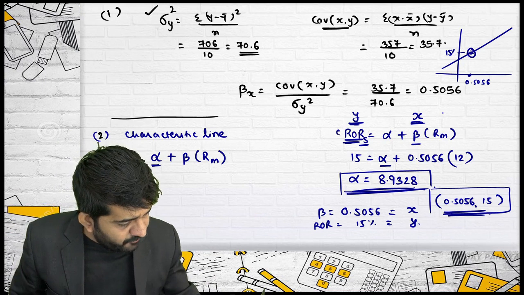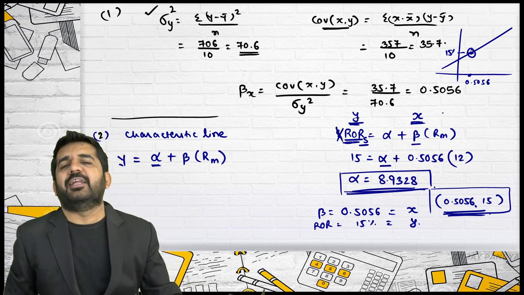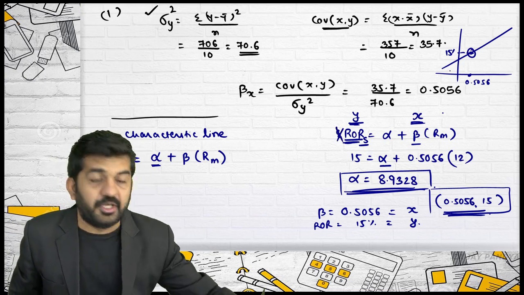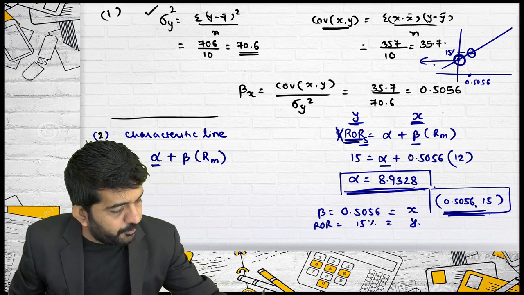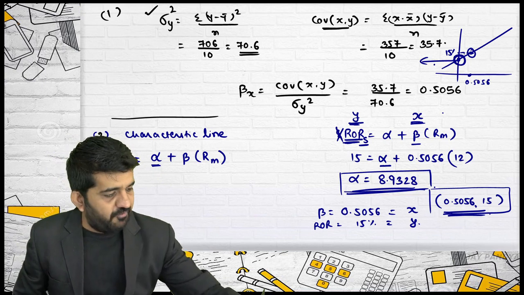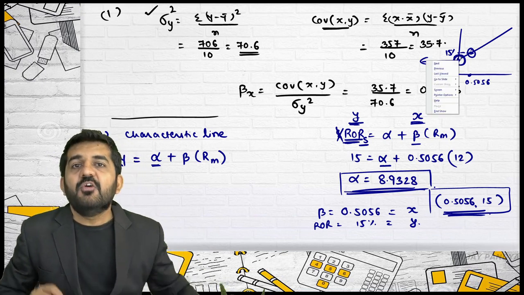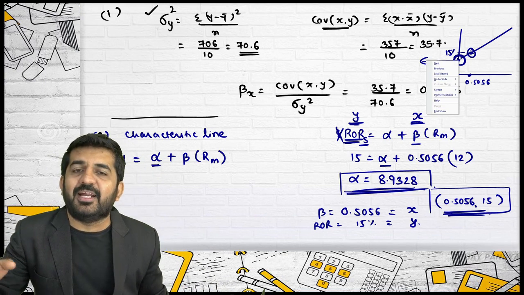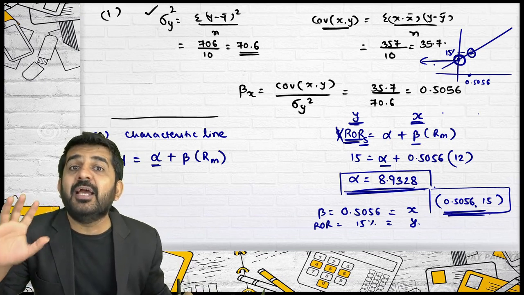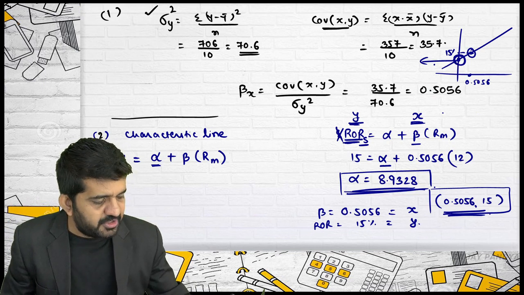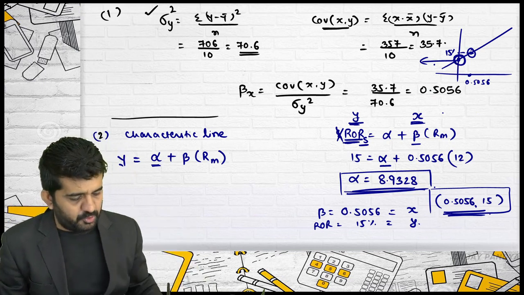So instead of expected rate of return, we are taking actual rate of return just for the purpose of finding out alpha. I hope you understand. Here the origin is alpha, so this point will be alpha. For finding out alpha, we are assuming that the actual beta and rate of return point lies on the characteristic line. So instead of expected rate of return, we are taking actual rate of return.